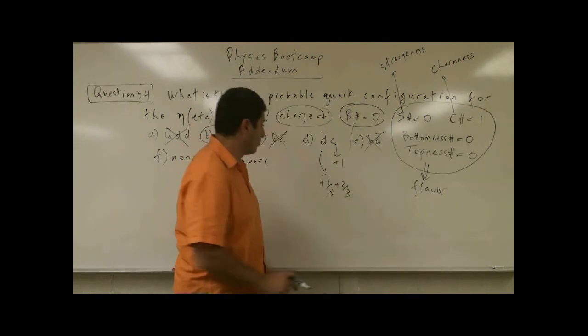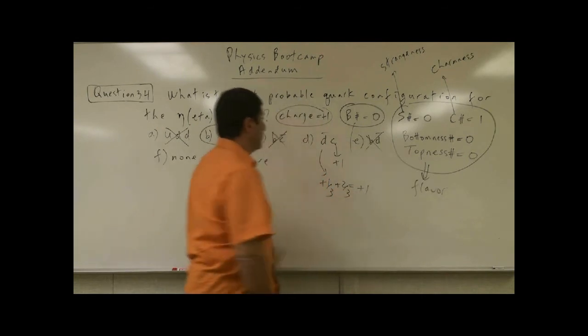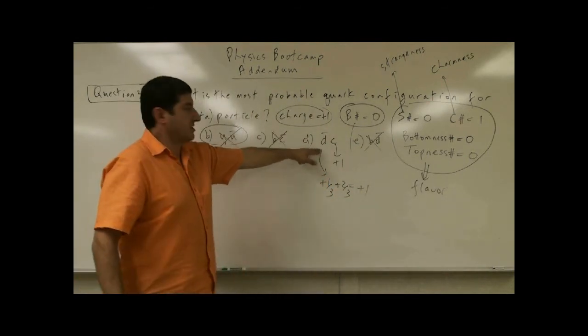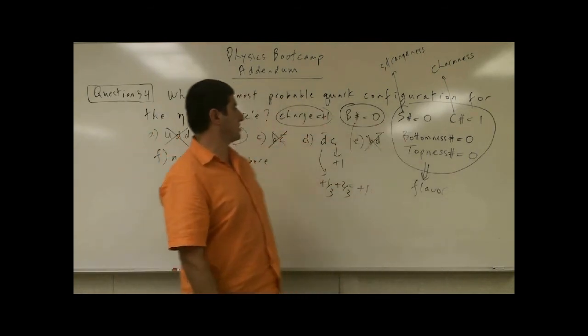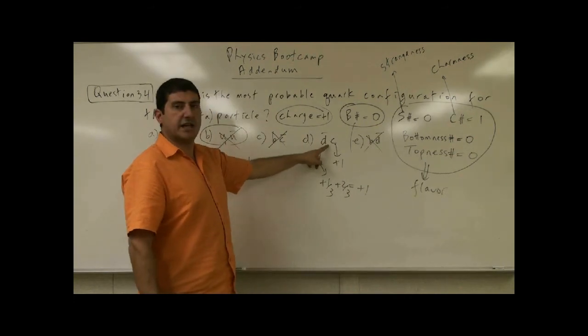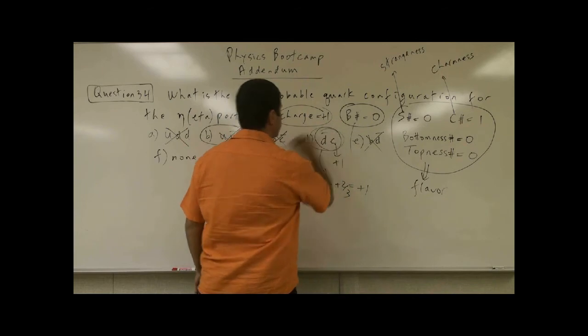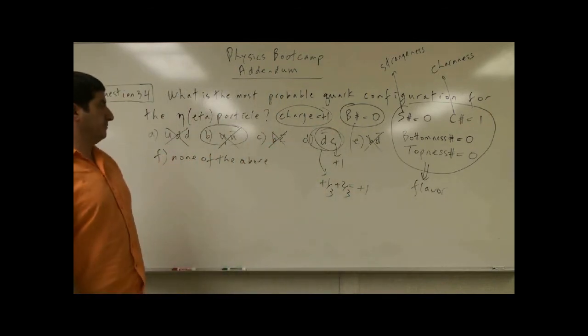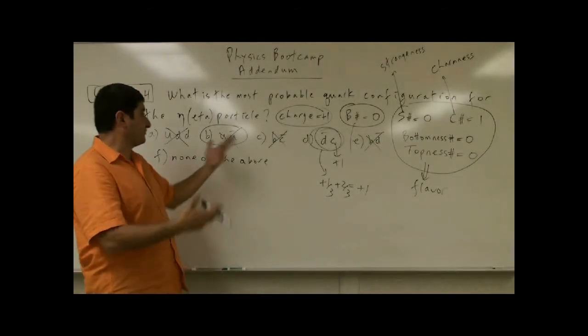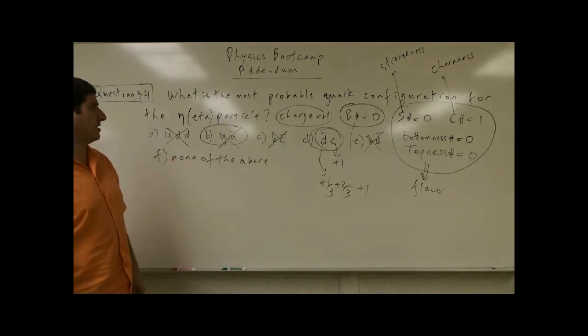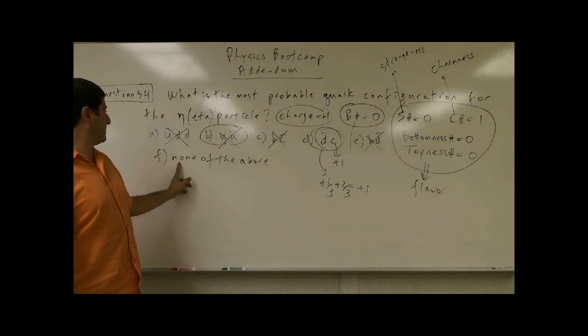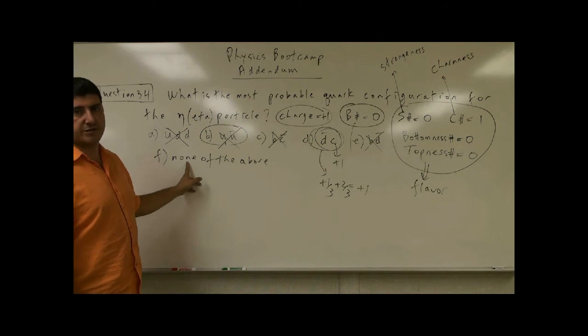What's the total charge? Positive 1. It works, right? So it meets the charmness +1, and it meets the charge, baryon number, everything. So then this would have been the answer D. So depending on the situation, you would check all of the properties. If none of them meet, then you would say none of the above, okay?